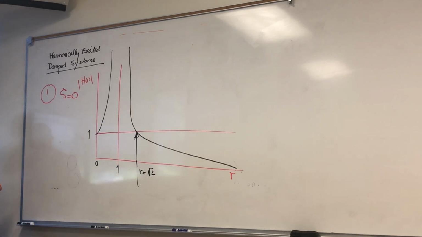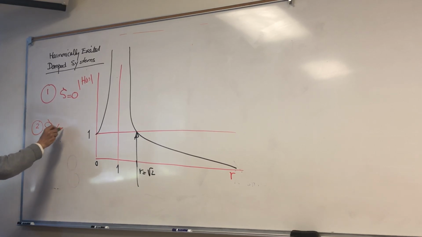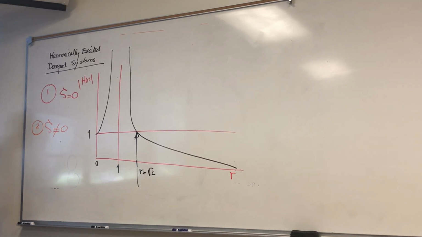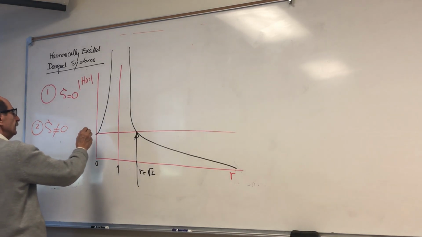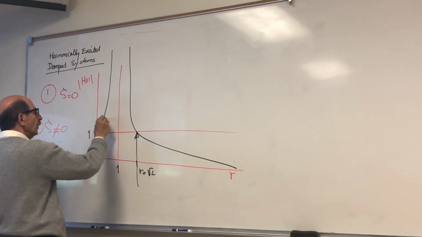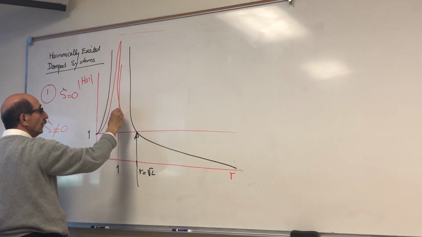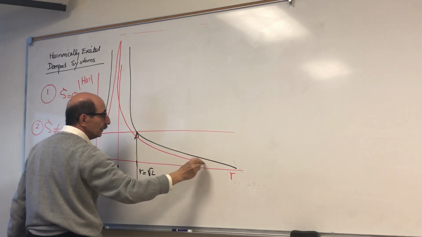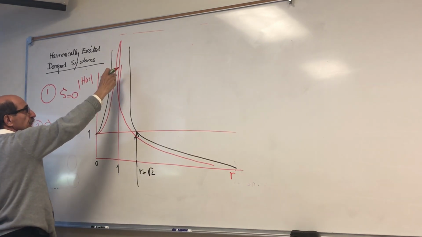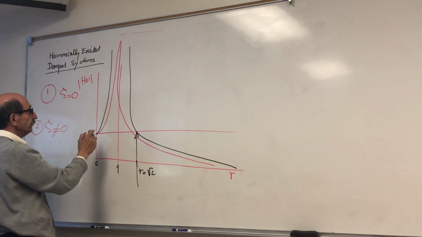Now, for the case that zeta is not equal to 0, this is what happens. If you plot those functions, you see something like this. If the damping is small, the peak value of this function is close to r equal to 1.